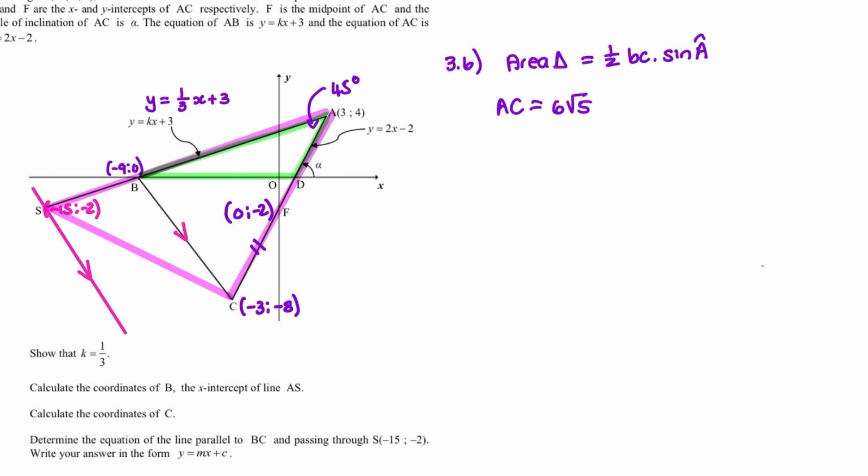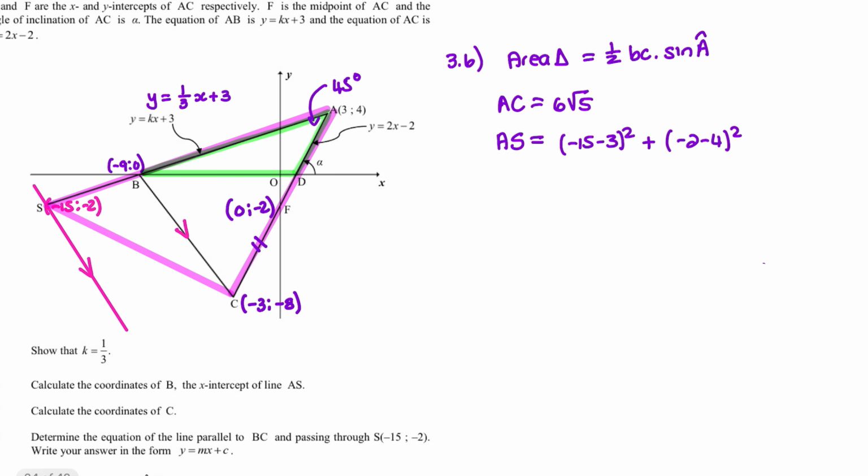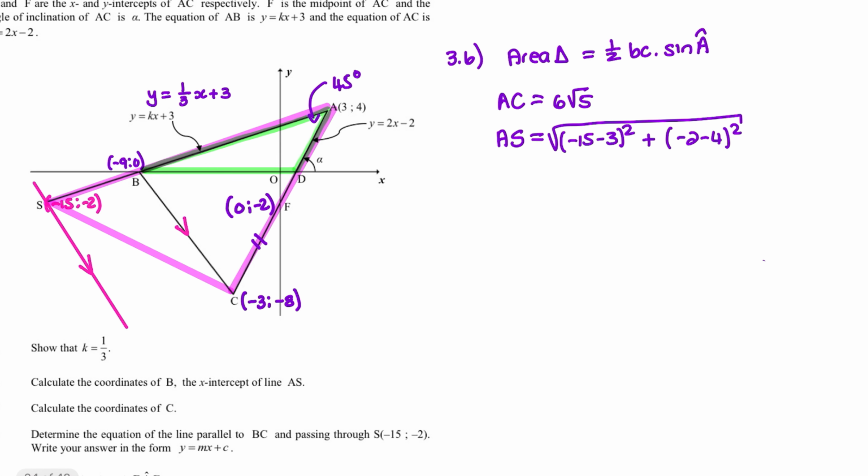So let's start with the pink triangle. We can find the length of AS, which is the difference of x values, so that is minus 15 minus 3 squared, plus the difference of y values, which is negative 2 minus 4 squared. And I take the square root of that, and that is equal to 6 root 10. So we have the length of AC, and we have the length of AS.